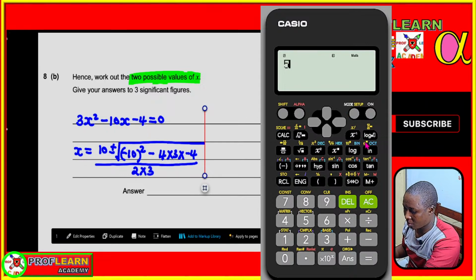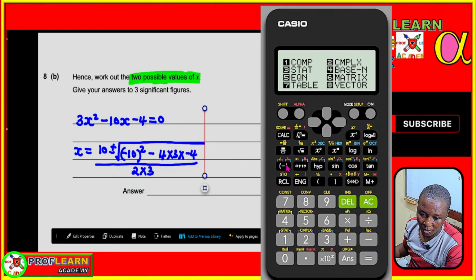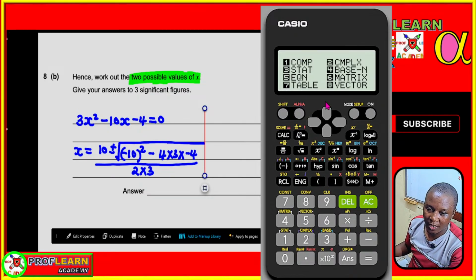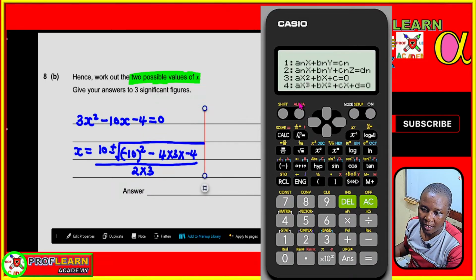So I need to clear everything, then I'll do shift alpha, that equation, quadratic equation, I'll choose number 5. And which type of equation are we talking about? Quadratic equation.